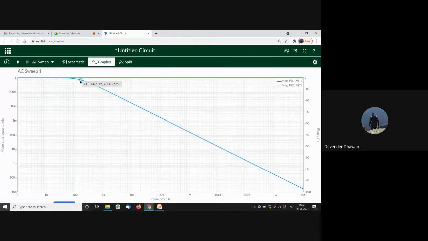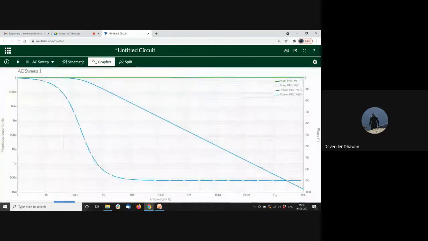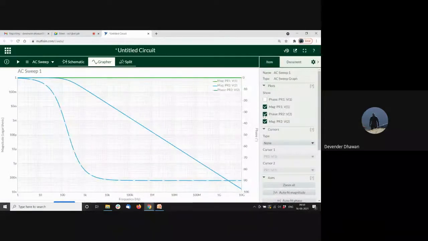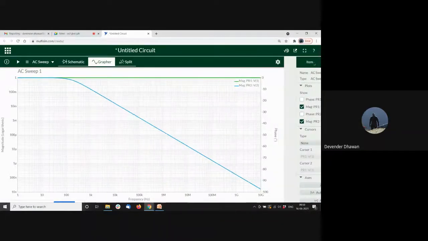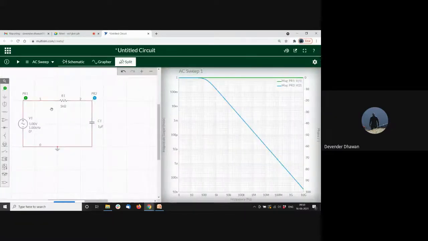So what you're saying is, okay, I'll tell you. Our input signal, if you see here, let me just give it 1 volt, and again run it. So you see this is 1 volt. Let me delete the phase part. So this is the magnitude of our input and output.